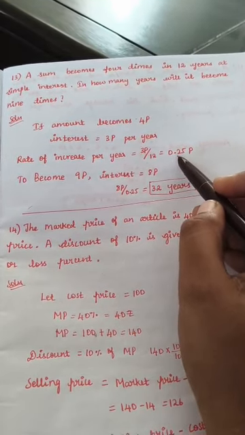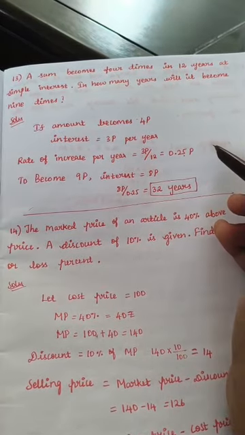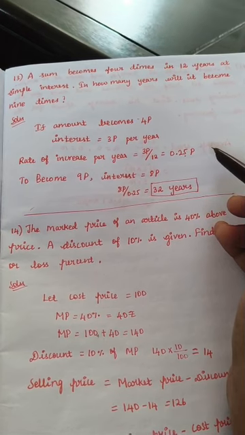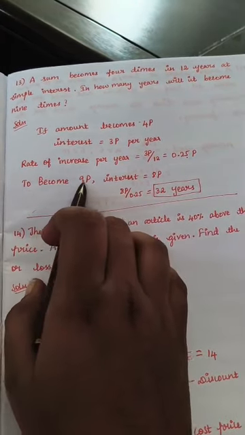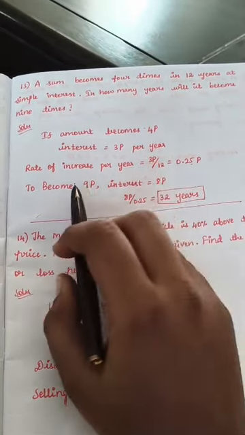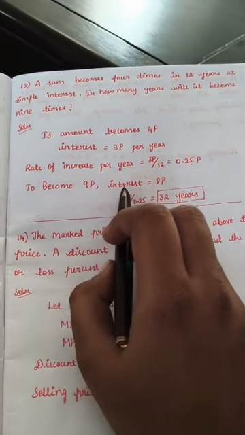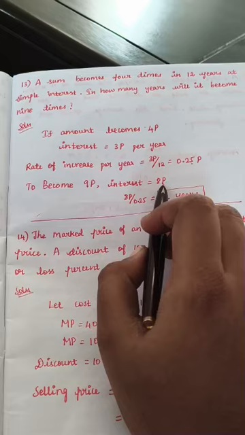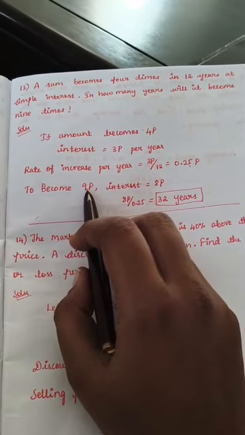So every year, it is increasing by 0.25 percent. So to become 9 times, the interest can be 8p. Here also we are assuming the sum as 9p. So we can assume the interest as 8p, as the interest value will always be lesser than 9p.